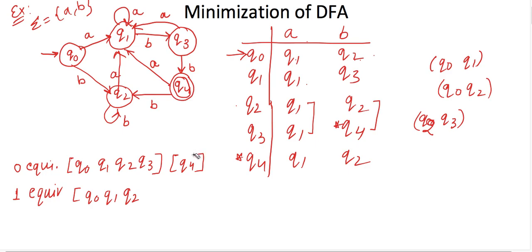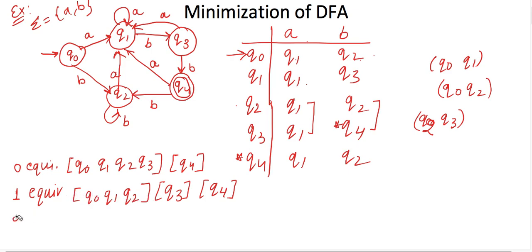So we can say that q2 and q3 are not one equivalent. It means if q2 and q3 are not one equivalent, then q3 can't be one equivalent to q1 and q0 also. Got it? So we have to separate q3. Then q4 is already alone, q3 is already alone, and these are the groups after the one equivalent.